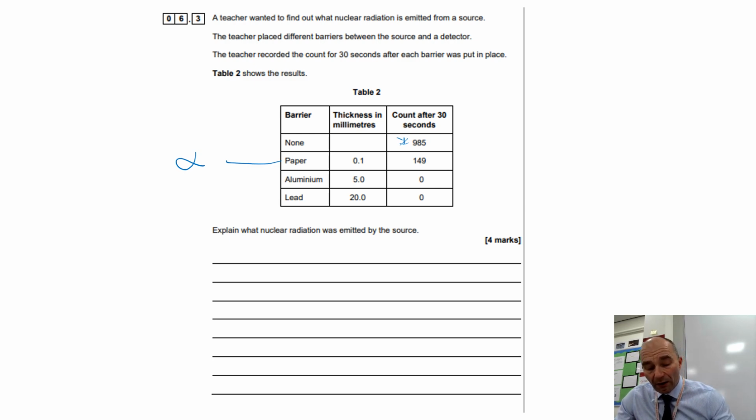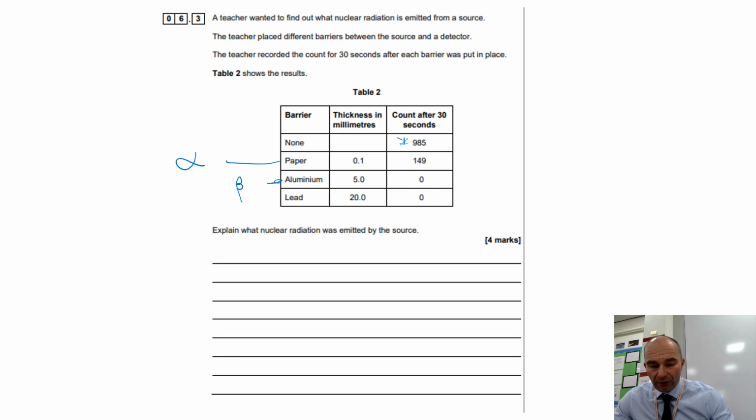But when we put the aluminium sheet there, our count rate drops to 0. Now if you remember, this is 5 millimeters of aluminium, so it's a reasonably thick sheet of aluminium. If you remember, it only takes 2 to 3 millimeters of aluminium to stop beta particles. So this is telling us that this source also contains beta particles.